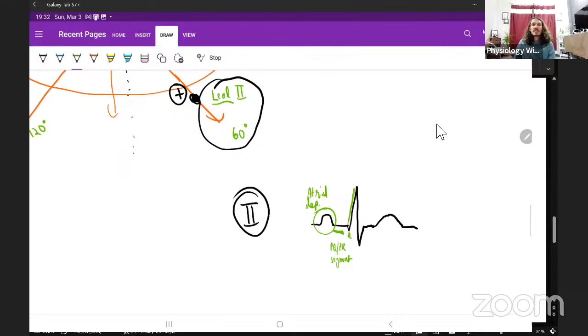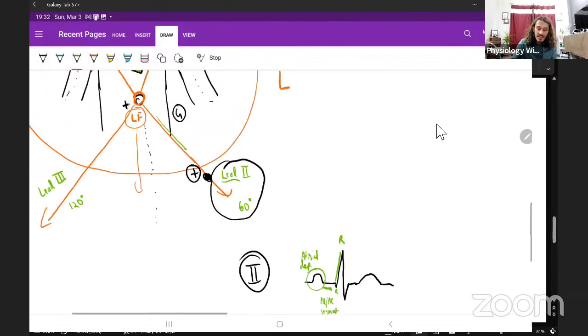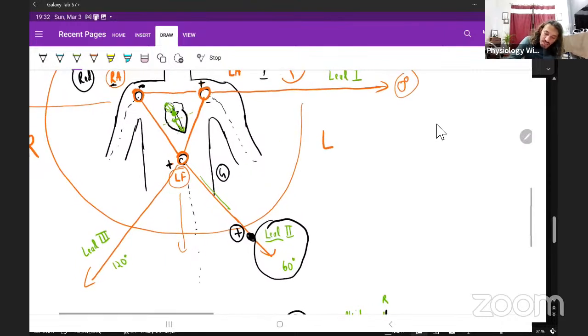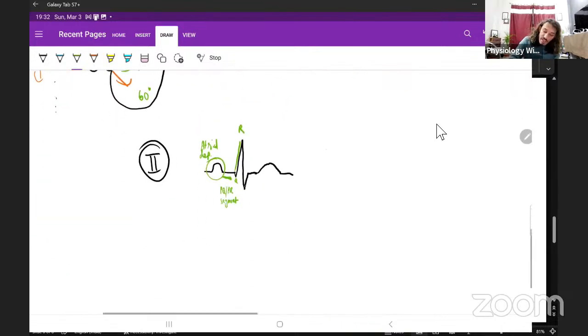That is because the ventricle has more mass. So this is going to be your R wave. And after that, what happens? This signal climbs back and goes down like this. Since it's going in the reverse direction towards the negative terminal, it is seen as a negative deflection that you see here.